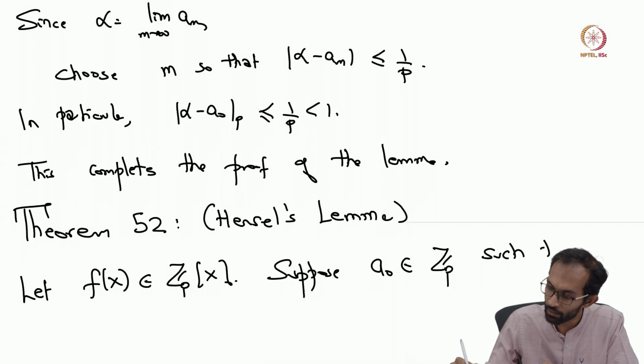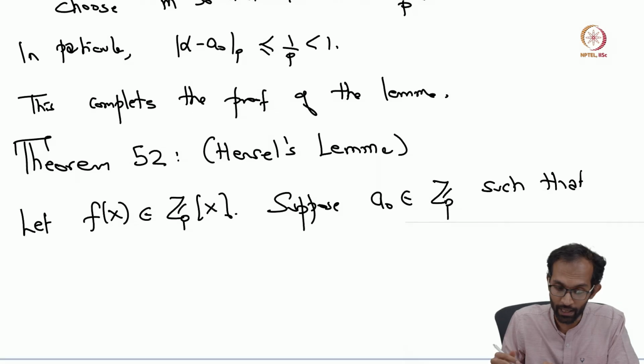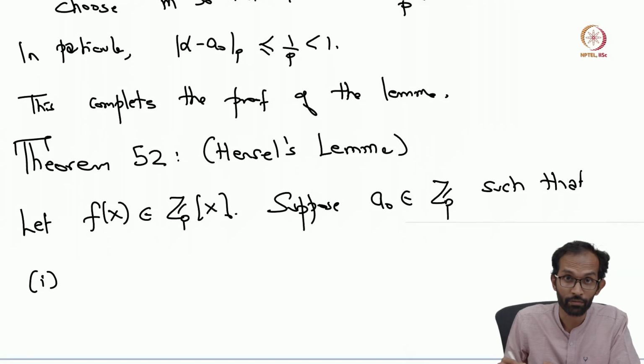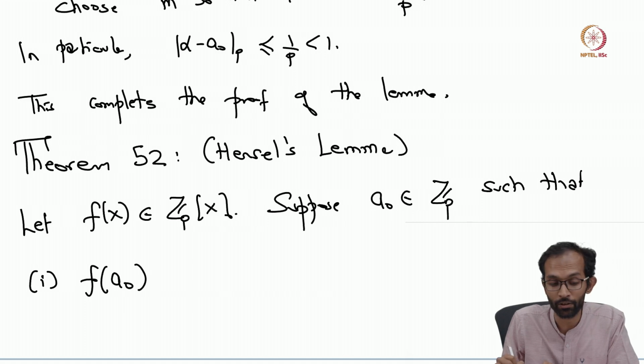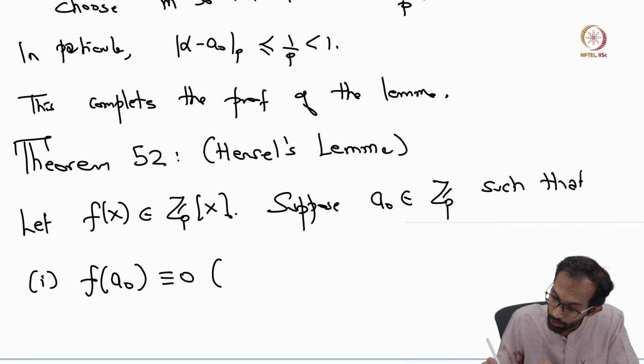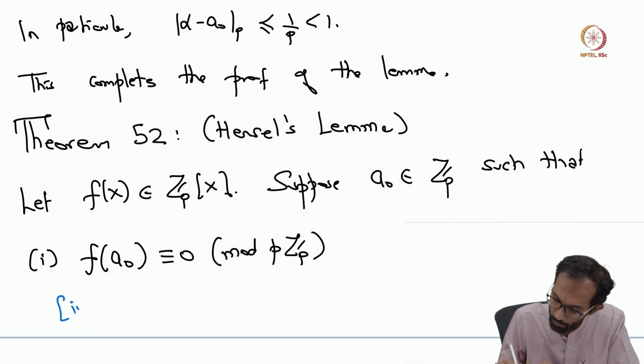What does that mean? You take an a naught in Zp and suppose it satisfies some nice conditions. So the first condition is that, I really want f of a naught to be 0, but maybe I don't know that it's 0, but I know that it's 0 modulo the maximal ideal. So this is my initial approximation.